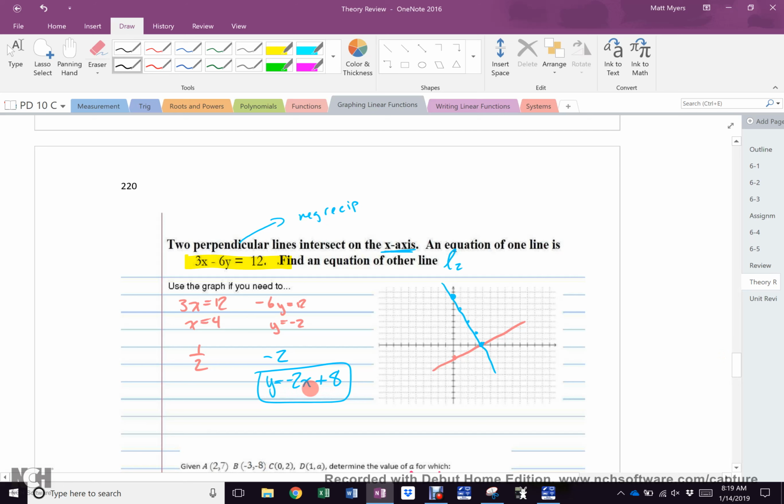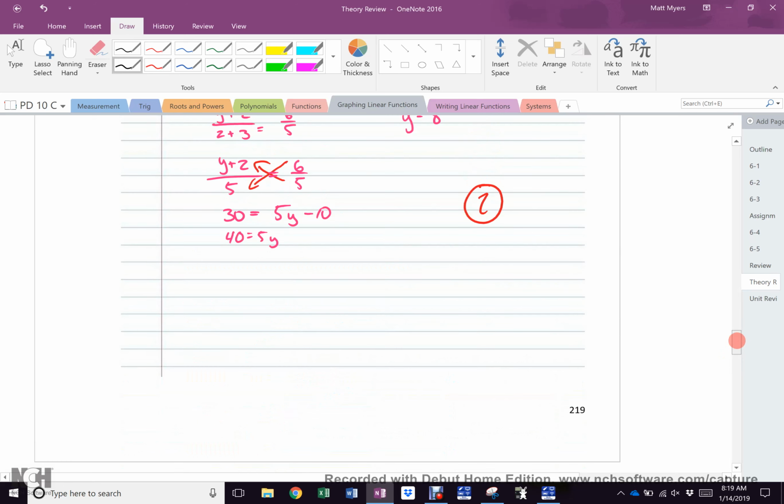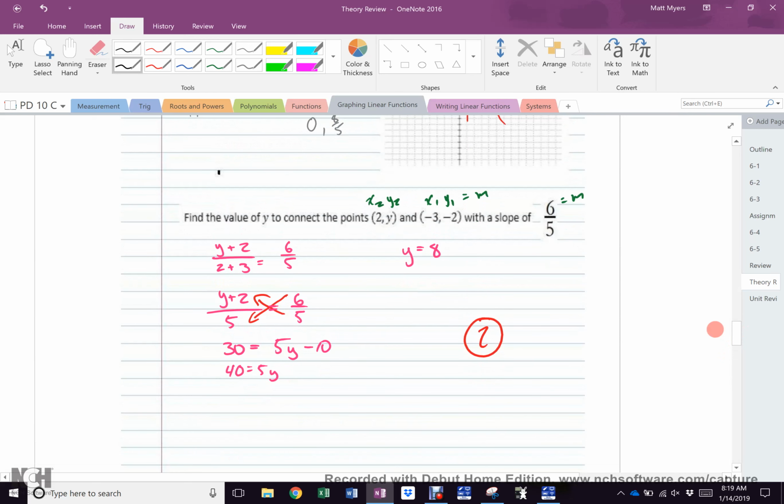Yes. Can we please go over the question before this? Okay. Which part? The y equals 8 part. Okay. You know that's an x, right? Yes. You know that's a y, right? Yeah. You know that's a second x, right? You know that's a second y, right?